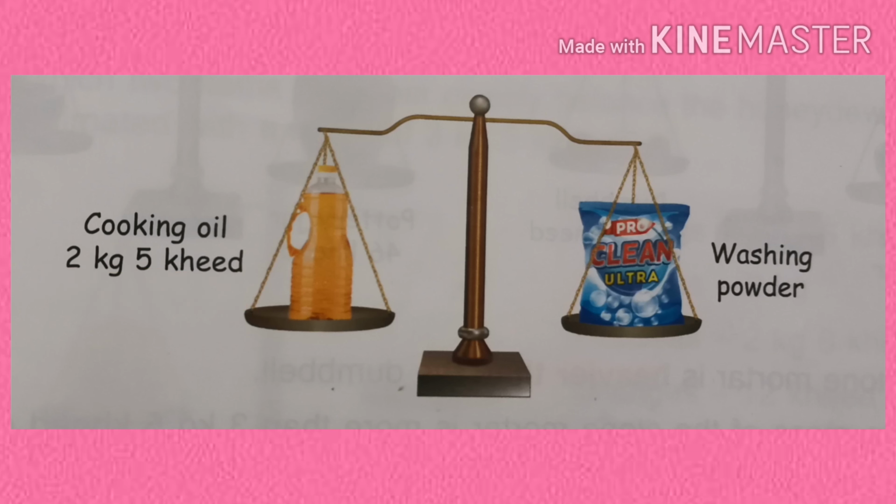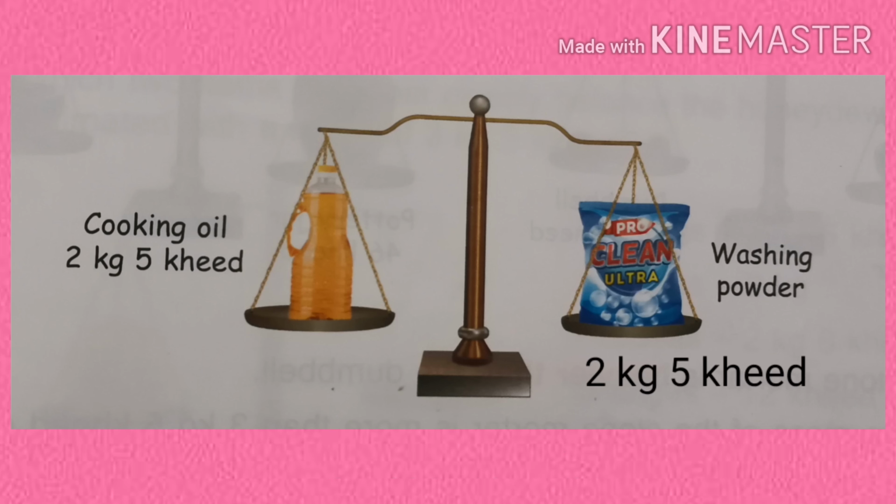Wonderful! The pack of washing powder is as heavy as the bottle of cooking oil. So, the mass of the pack of washing powder is about 2.5 kg.